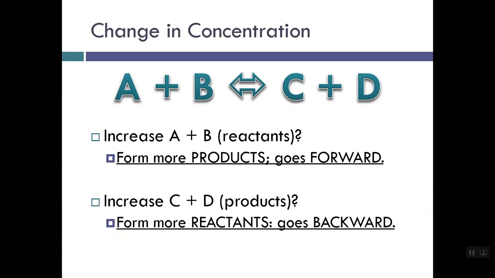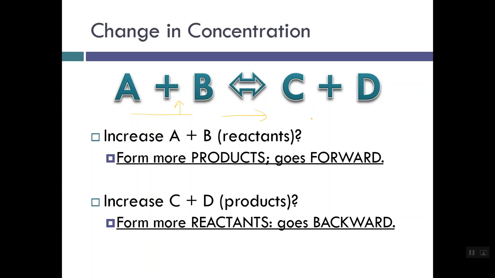So, change in concentration. If I increase A and B, the A and B are on the left, so they're my reactants. If I increase my reactants, that's going to move it forward. That's just intuitive. That makes sense. Use your gut. If I've got more reactants, then I'm going to try to get more products.